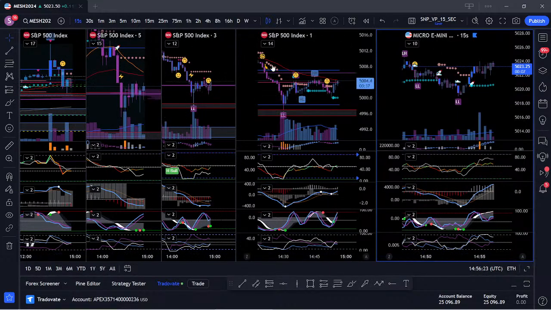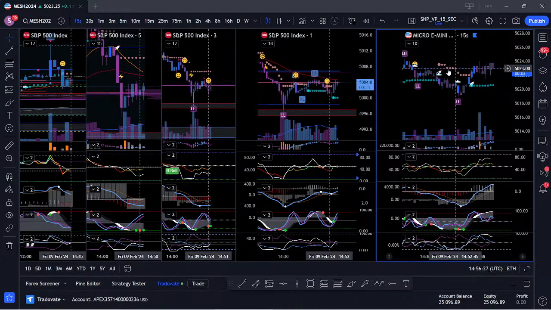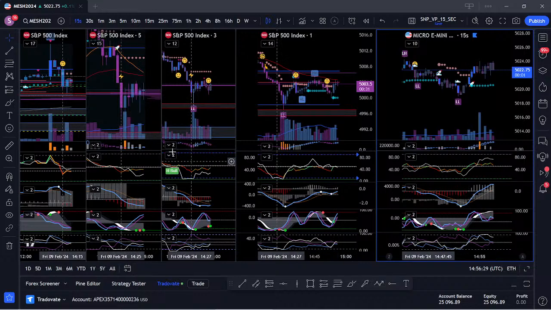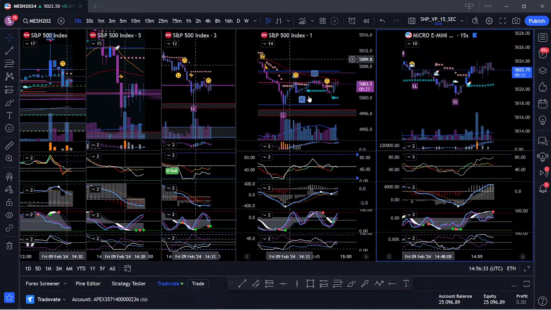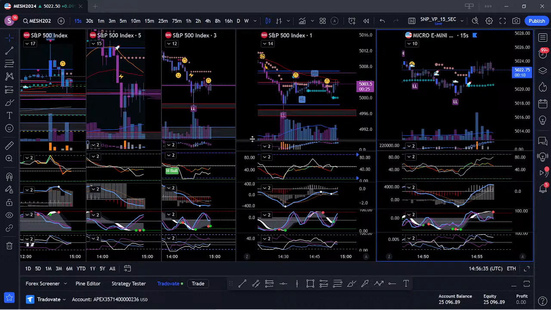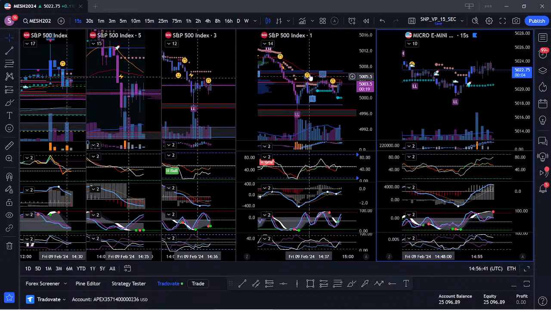And obviously, if the 1 and 3 are not moving, then 5 and 15 also are not moving. So the minimum time frame we need to make some moves is 1 and 3. Now the 1 minute is lower low, now lower high.